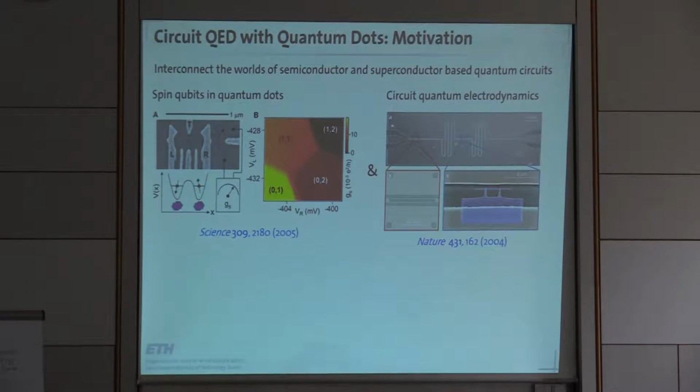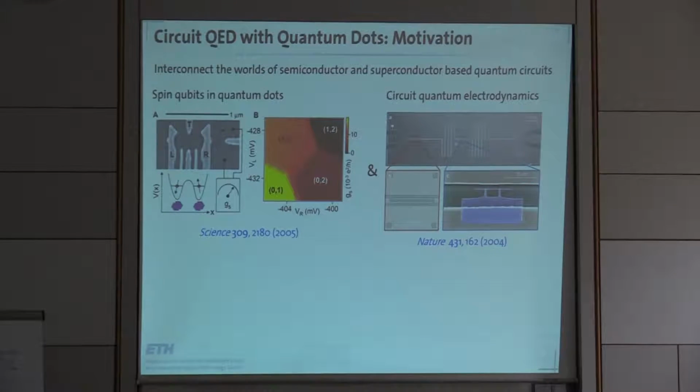You can investigate spin qubits in semiconductor structures to try to build quantum computers, or just because you're interested in the quantum physics or the mesoscopic physics of these structures. It applies for superconducting circuits. You could be interested in their quantum physics, doing interesting fundamental experiments or applied experiments. And so you wonder why to put these together. People could have various motivations.